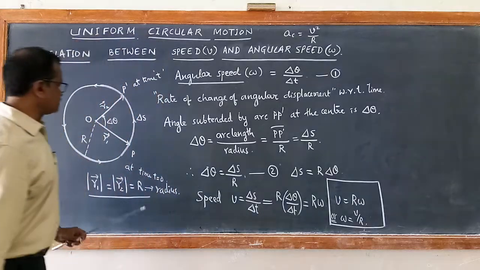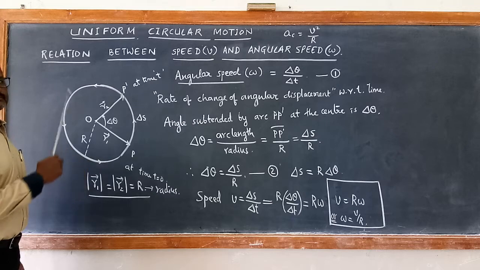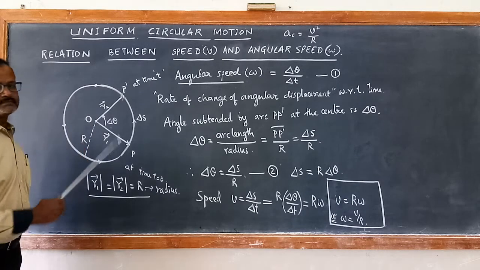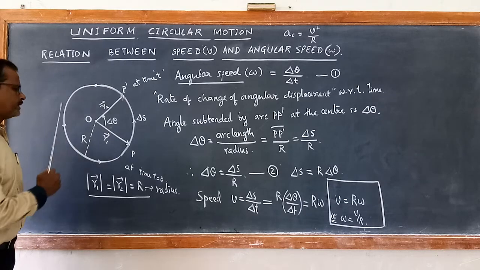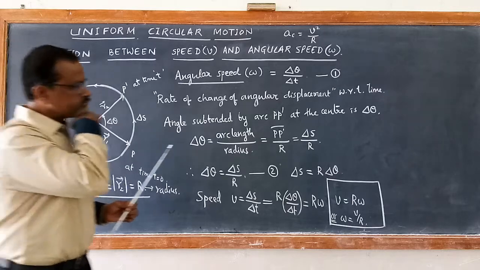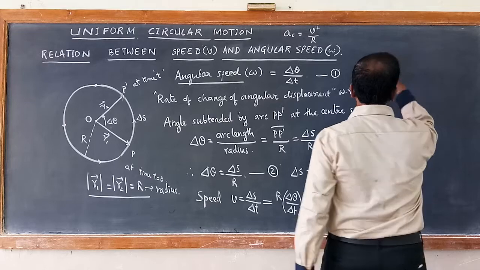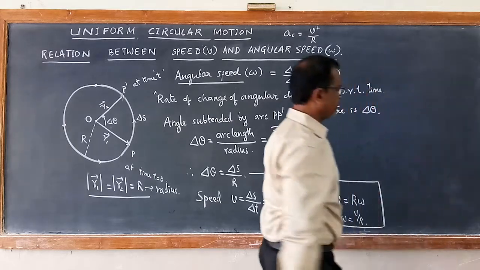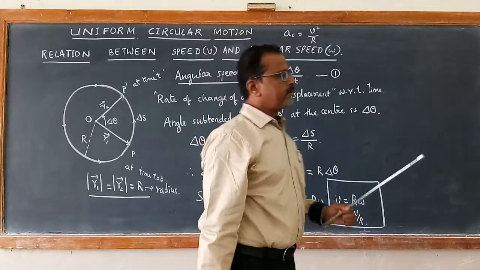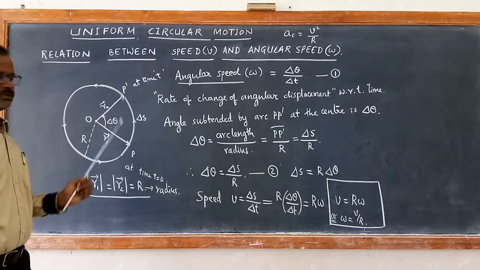Now look at this. When the particle is undergoing uniform circular motion, it takes a fixed time interval to complete one revolution. Time taken to complete one revolution is denoted by time period T. If T is the time taken to complete one revolution, then what is the total distance covered by the object in one complete revolution?